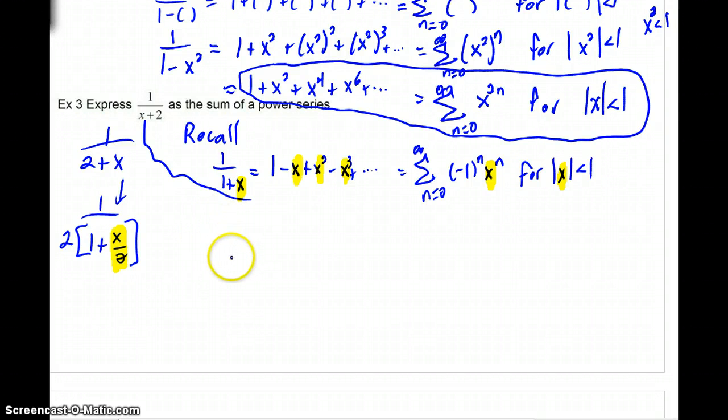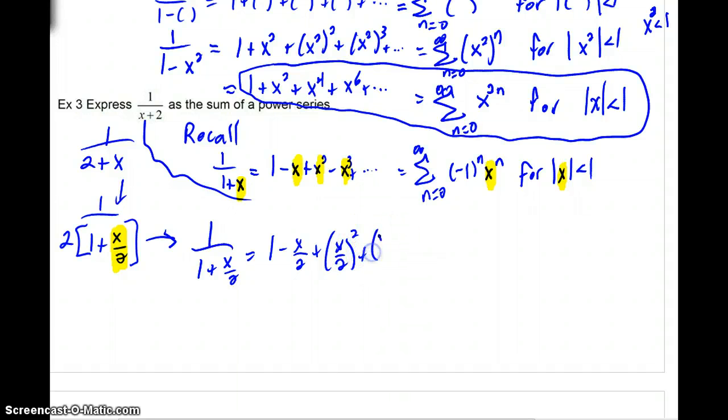But tell you what, I'm going to rewrite this step by step. I'm going to say this is 1 plus x all over 2. This is 1 minus x all over 2 plus x over 2 squared plus x over 2 cubed, or I should say minus, pardon me, minus x all over 2 cubed.